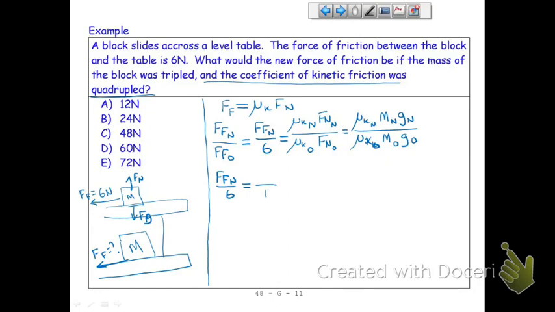So the easiest way is to say the old one was 1 and the new one's 4. That's quadrupled. And then we go to mass. Well, the mass is tripled, so the easiest way to do that is to say 3 and 1. And it says nothing about g. You didn't move to another planet.